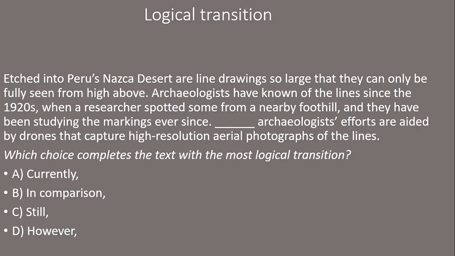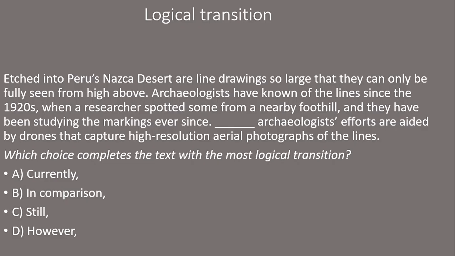Etched into Peru's Nazca Desert are line drawings so large that they can only be fully seen from high above. Archaeologists have mapped the lines since the 1920s, when researchers spotted some from a nearby foothill, and they have been studying the markings ever since.